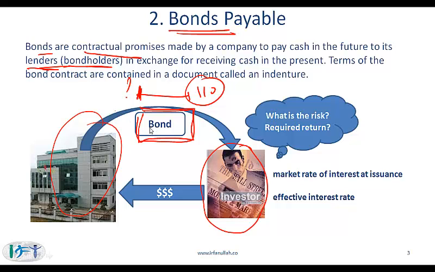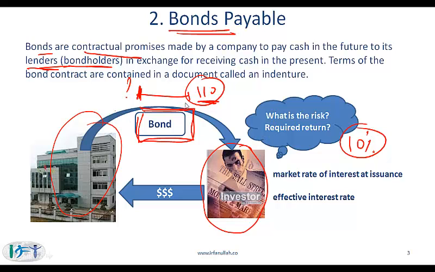Given the risk that he is taking, there is a certain return that he requires. What is that return? This topic was covered briefly in quantitative methods in the reading on time value of money, and it will be covered in a lot more detail when we do fixed income later. Right now, we'll say that the investor just comes up with the 10% number, that based on the risks involved, he requires a return of 10%.